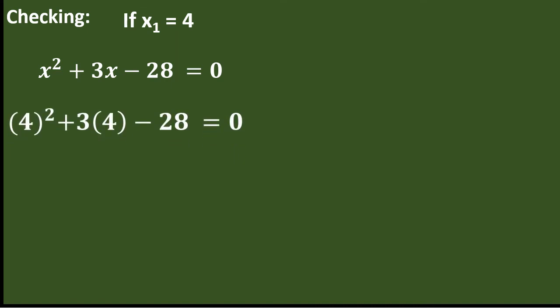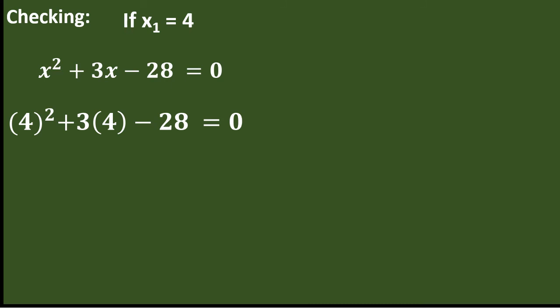Let us now do the checking. So if x sub 1 is 4, let us substitute to the equation. X will become positive 4. It will become quantity 4 squared plus 3 times 4 minus 28 equals 0. 4 squared is 16. 3 times 4 is 12.